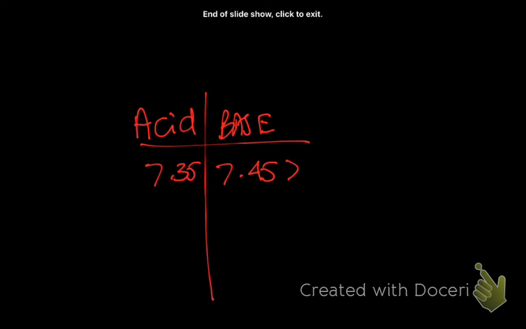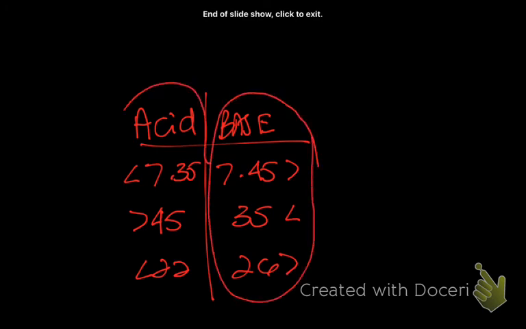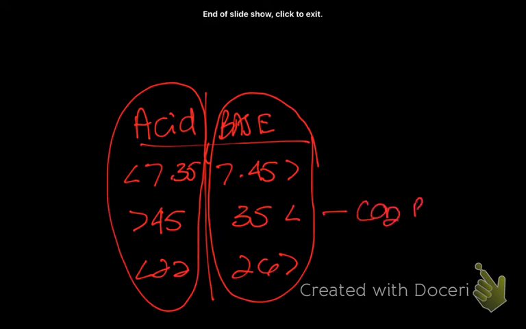So if it's greater than 45, less than 35 for CO2, and less than 22, greater than 26 for bicarb, everything on this side is base, and everything on this side is acidic. And knowing that CO2 is respiratory, and bicarb is metabolic.